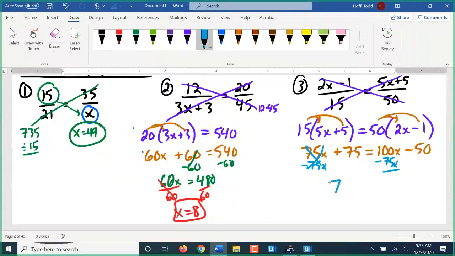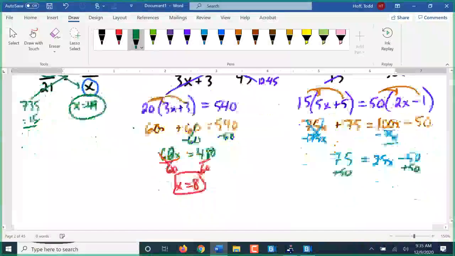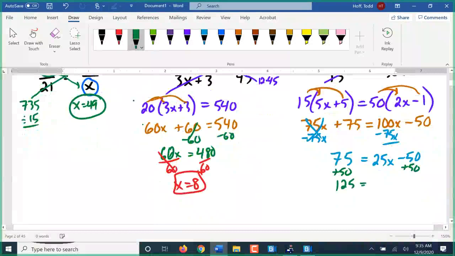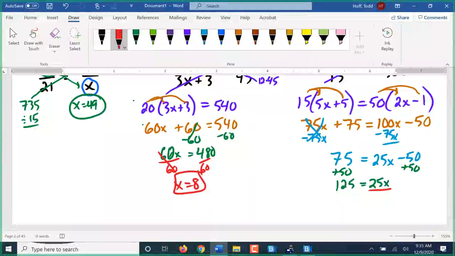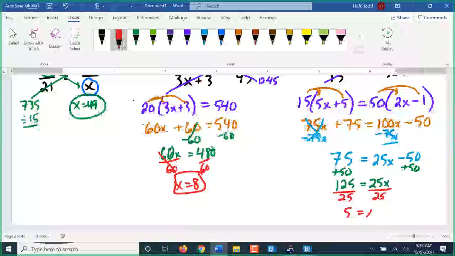So we're left with just 75 on the left. 100x minus 75x is 25x minus 50. Now we can solve this, so we'll go ahead and add 50. 125 equals 25x. And we can divide by 25. Get 5 equals x.